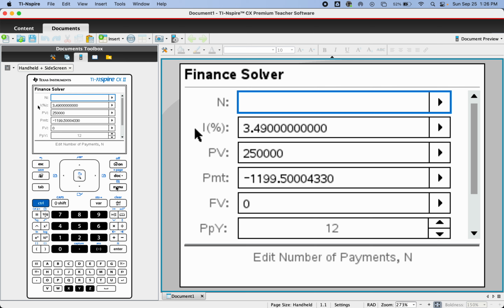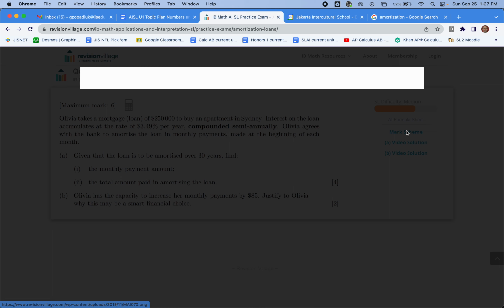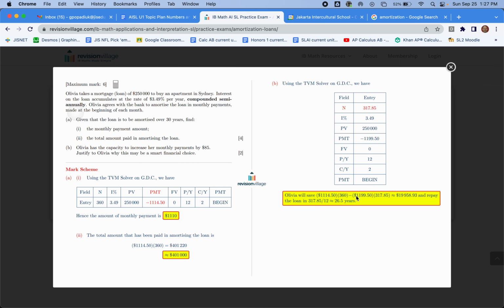If I push enter now, that means she only has 317 payments to make, so she saves a pretty big amount of money. If we take 1199.5 and multiply by 317, I hope they've done this in the solution. Yeah, here it is. 1199.5 times 317 is 380,... and these are the two total amounts.